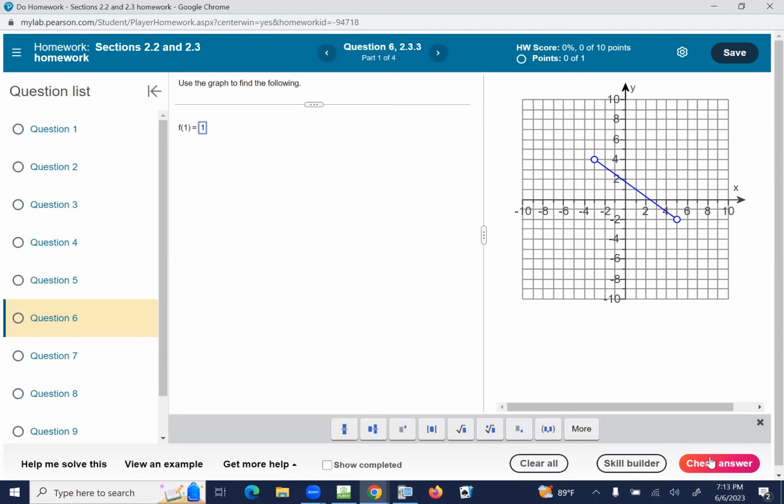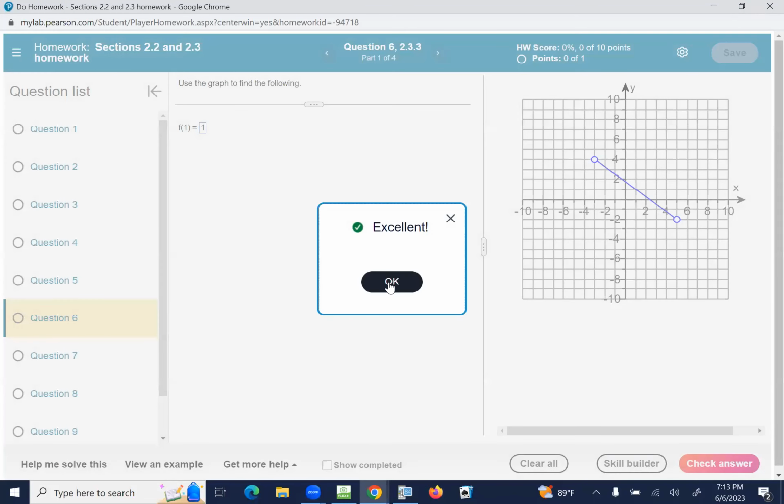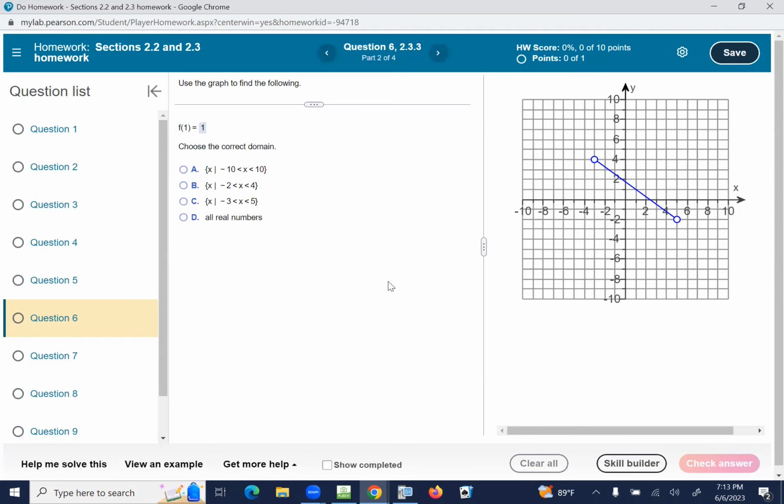So you're going to check the answer. Now this one has like 3 or 4 parts. Watch this. What's the correct domain? So what's the smallest x value? What's the largest x value? And y'all, here's the thing. Since they're using hollow dots, the hollow dots are the same thing as parentheses.